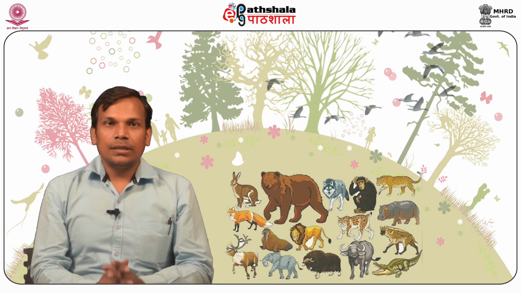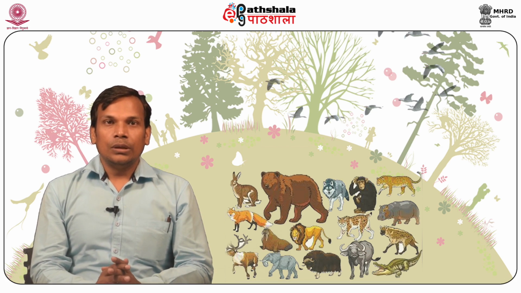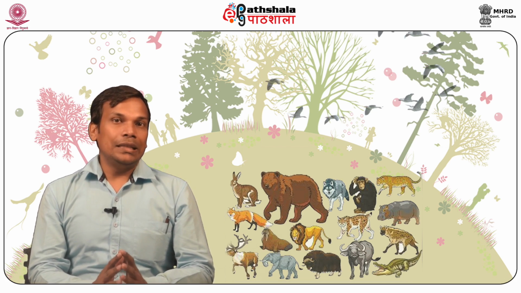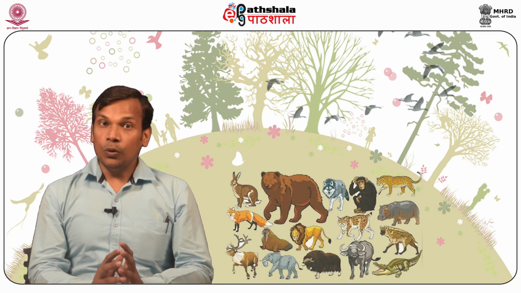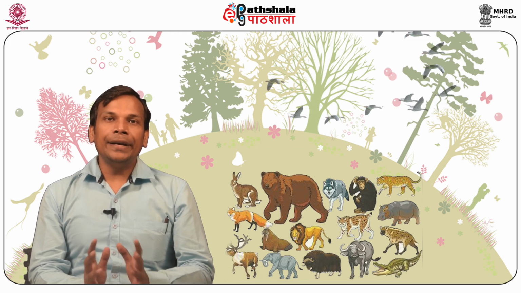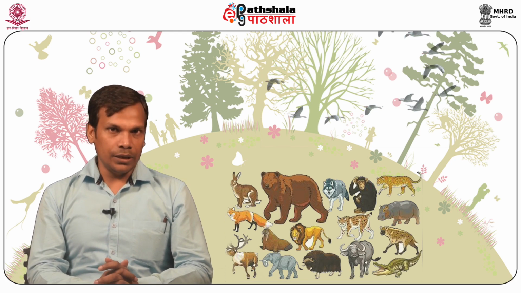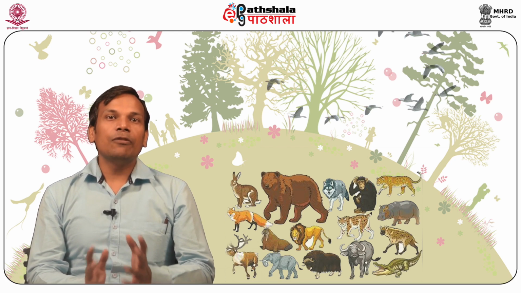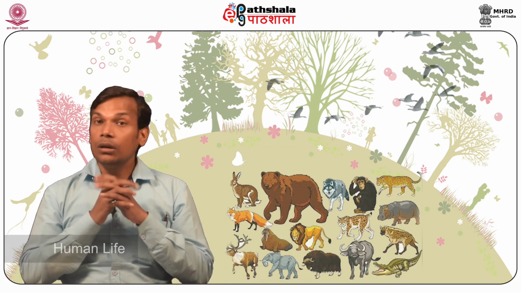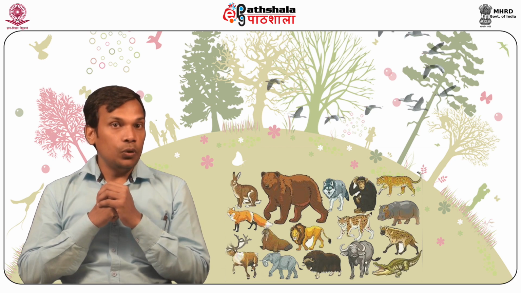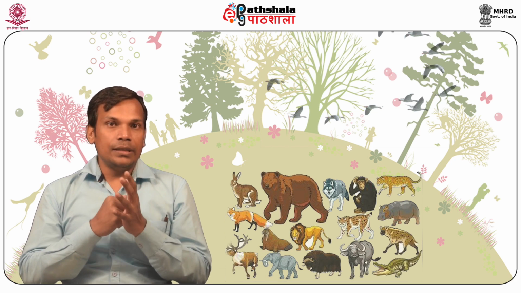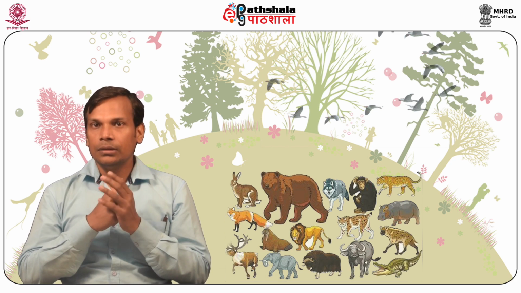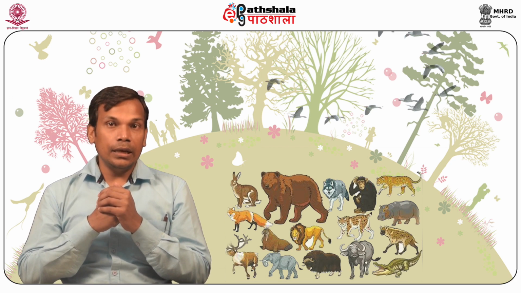So students, let us now summarize what we have learned in this module. Pollution is an undesirable change in the air, land and water that will adversely affect human life or other species. Pollution can be categorized as air, water, land and noise pollution.